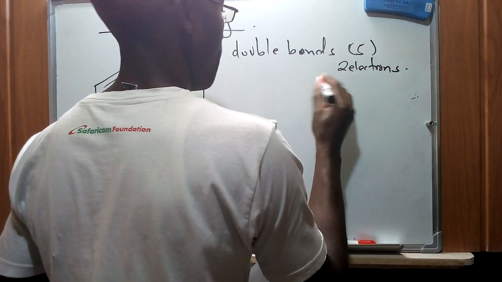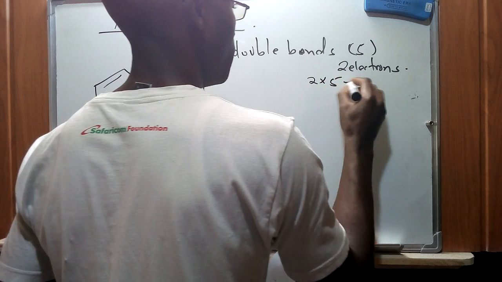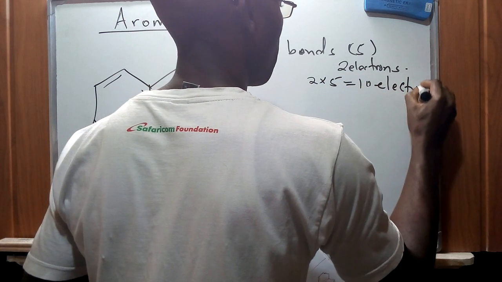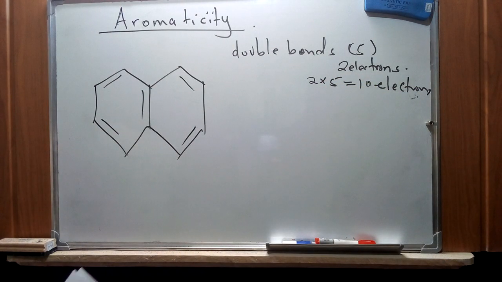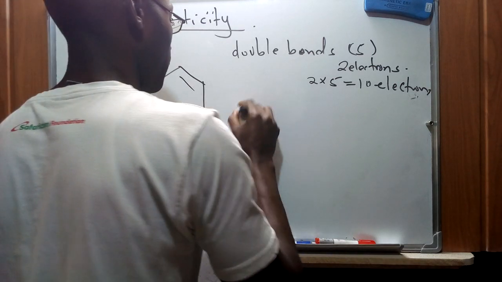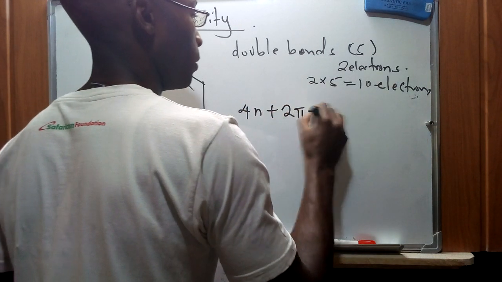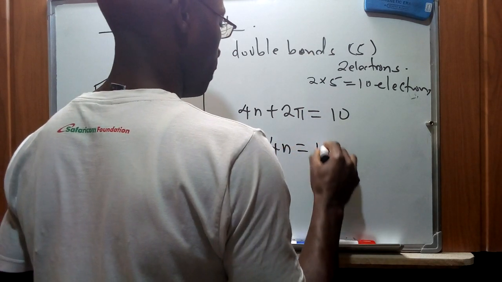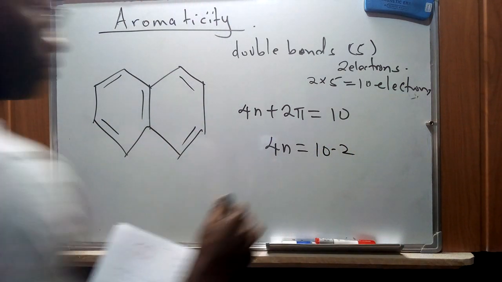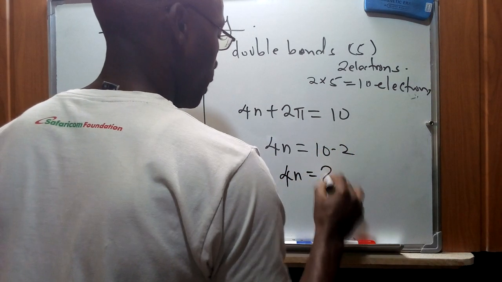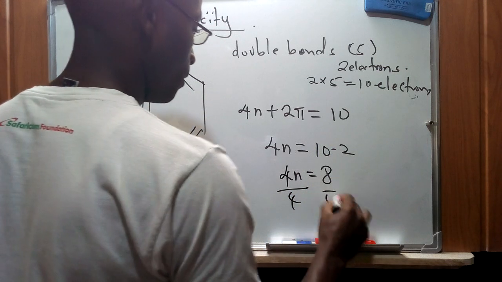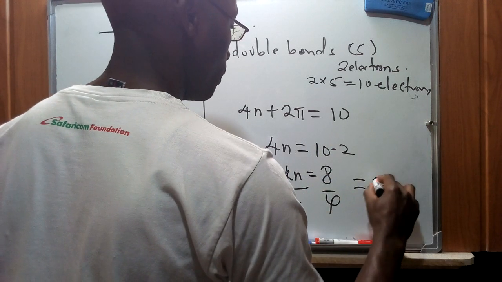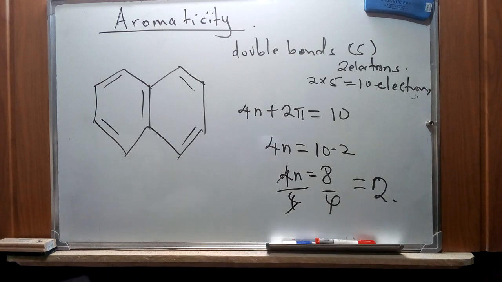So we shall have a total of 2 times 5, which is 10 electrons. For us to observe whether it obeys the Hückel rule, we shall have 4n plus 2 pi equals 10. 4n equals 10 minus 2. 4n equals 8, over 4 over 4, n equals 2. So therefore this one obeys Hückel's rule, and therefore it's an aromatic compound.